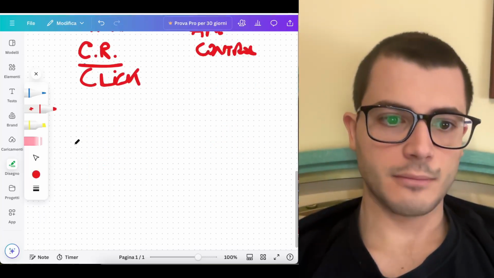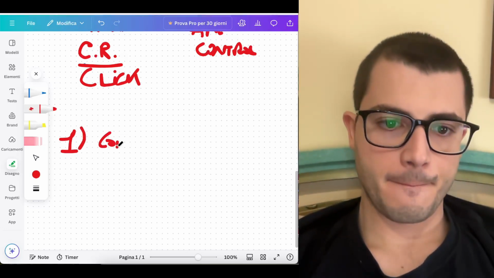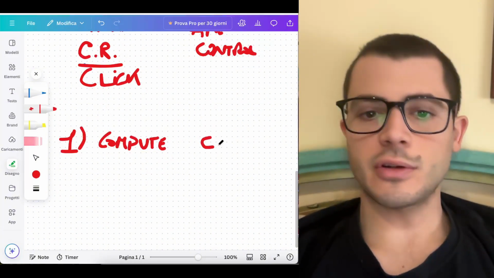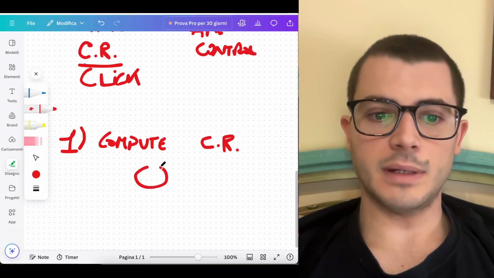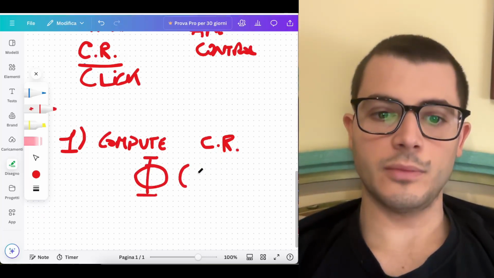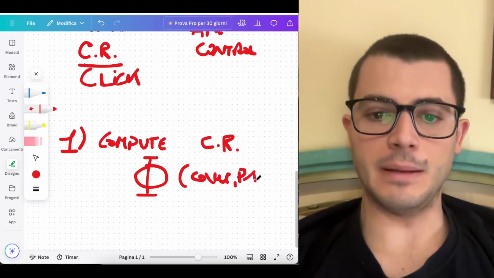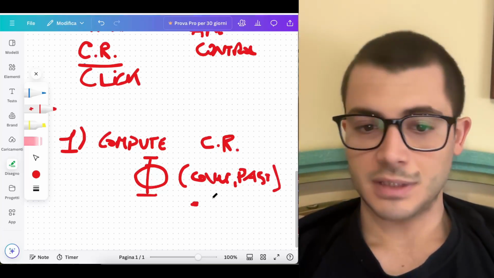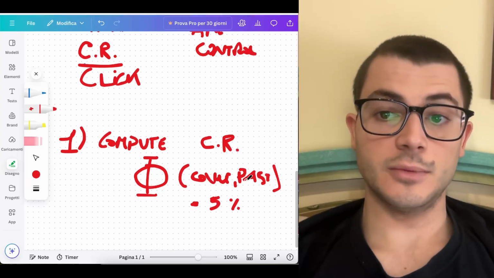So step 1, what Amazon does is compute the conversion rate. In maths it's a probability, based on past data. So maybe Amazon computes you have a 5% realistic conversion rate.